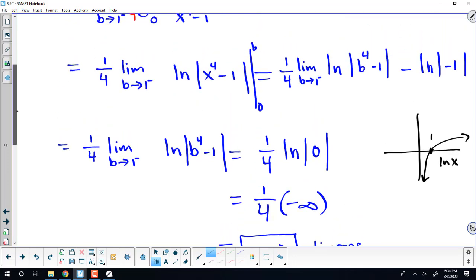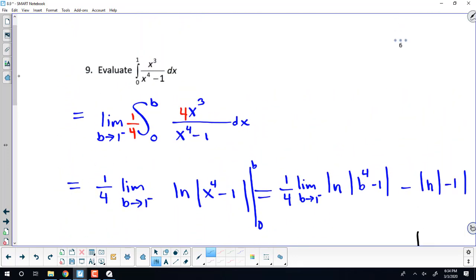So based on how we've rewritten our integral, the integrand is not defined when x is equal to 1. So on the function x cubed over x to the 4th minus 1, you're going to have a vertical asymptote there. So we're integrating from 0 to the vertical asymptote from the left. So something looks something like this.